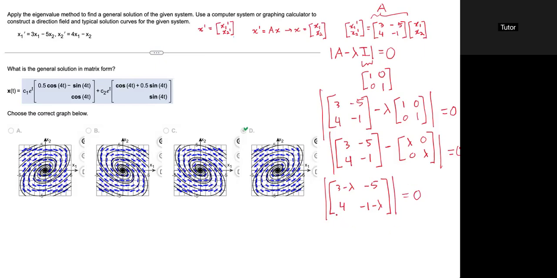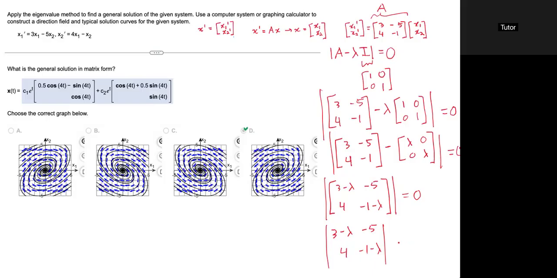So to take the determinant of this matrix, it's more commonly written in this form. And the determinant is this multiplied by this minus the product of these two. So it's always the product of these two values in the matrix minus the product of these two values, for a 2 by 2 matrix at least.